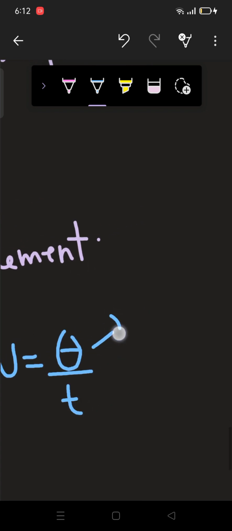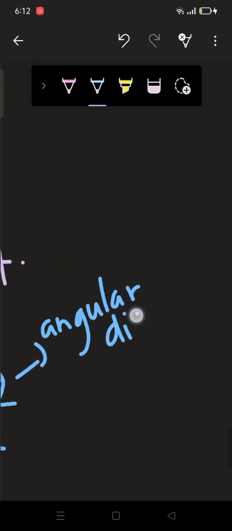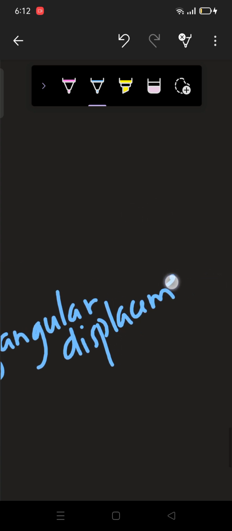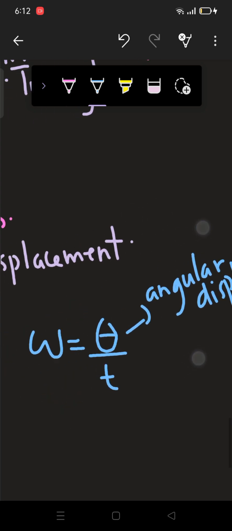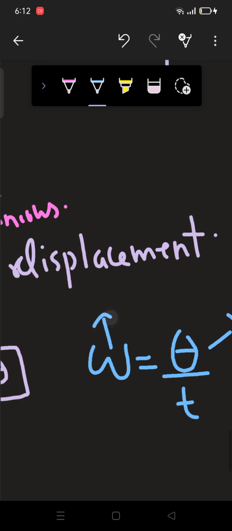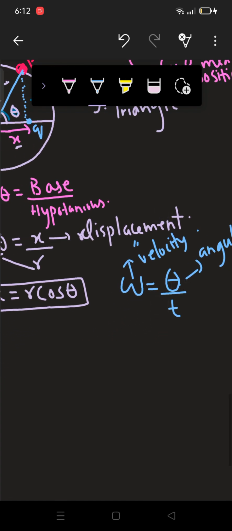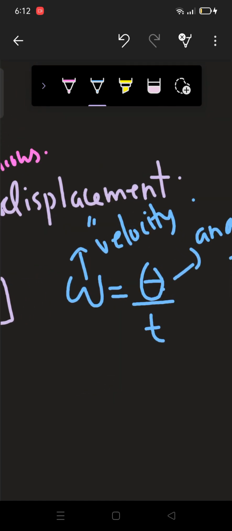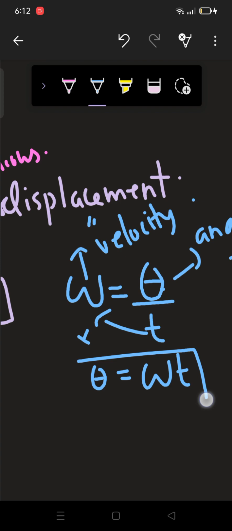This is angular displacement, theta, and this is angular velocity, omega. Now we need to find theta, so t is dividing here, it will be multiplied, so theta is equal to omega t.